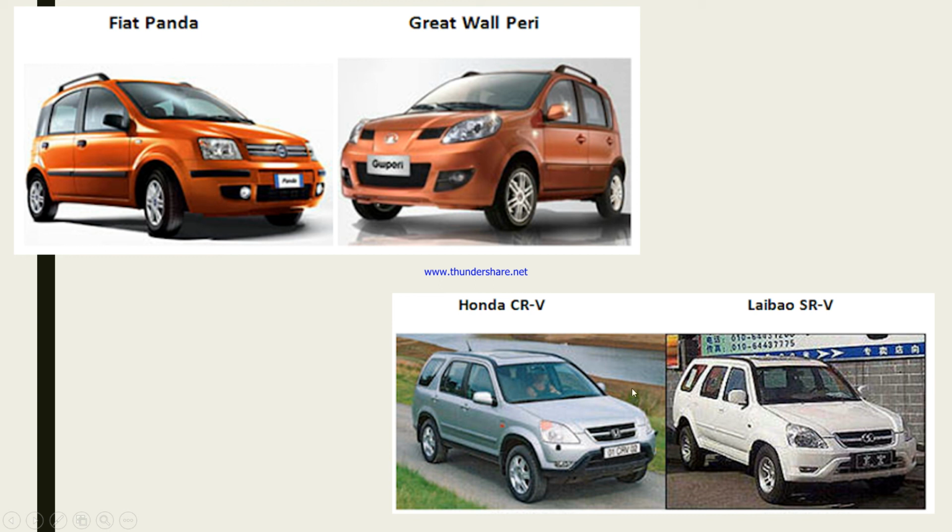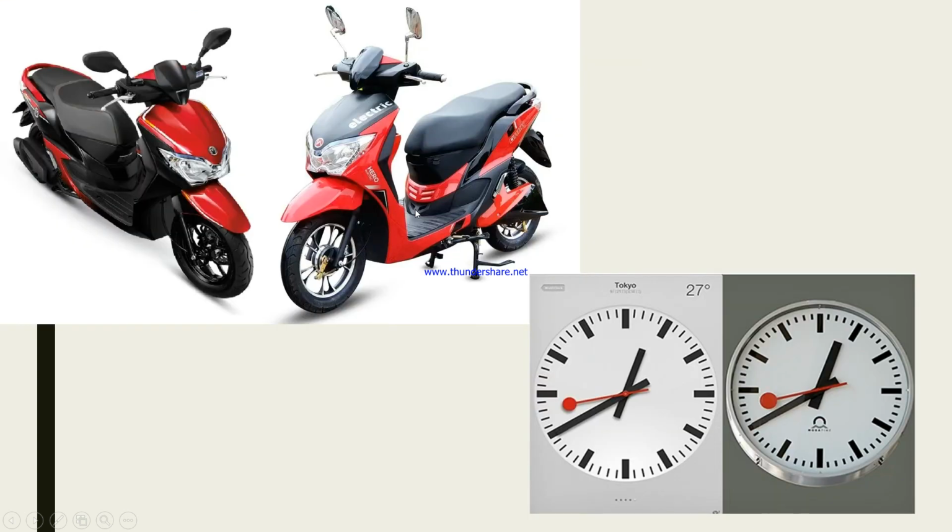Again here, Honda CRV. This is a company in China. There was a copy of a similar car here. See, Laibao and Honda. Honda has filed a complaint against this Laibao company in China for copying their design. Next, you can see Honda.